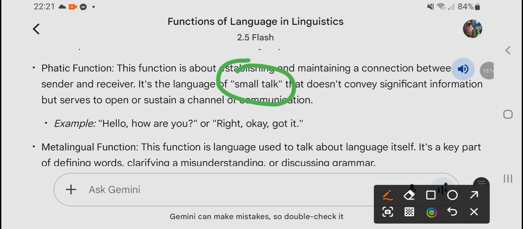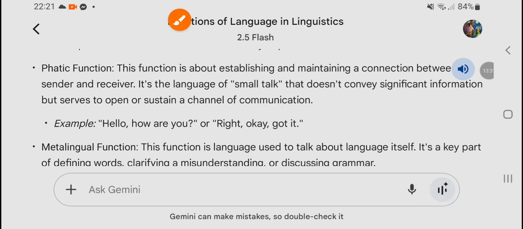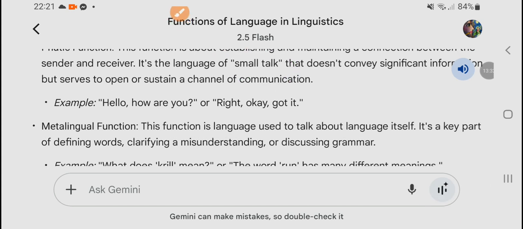Just one or two words are enough, but it establishes a relationship between speaker and listener, or between reader and writer. It serves to open and sustain a channel of communication, which can start or end the communication, right?